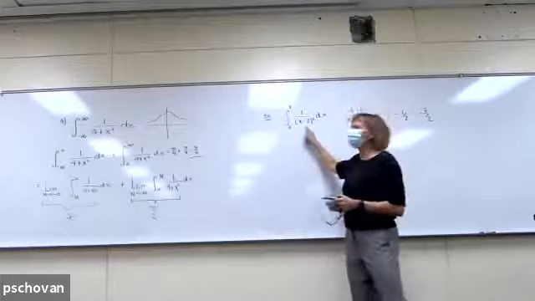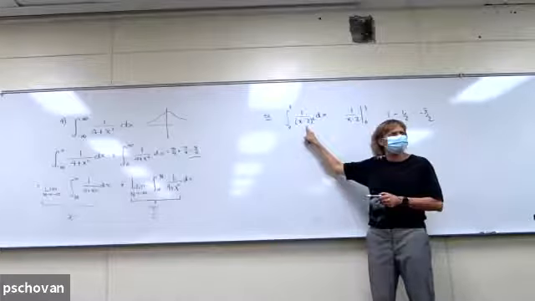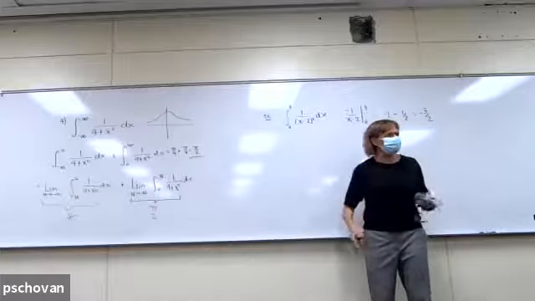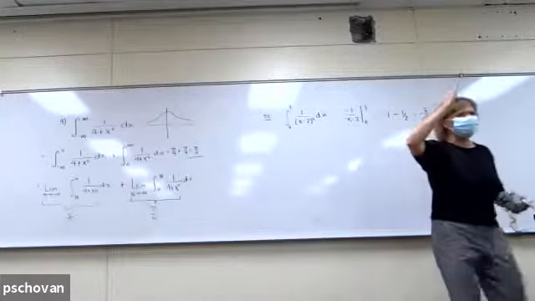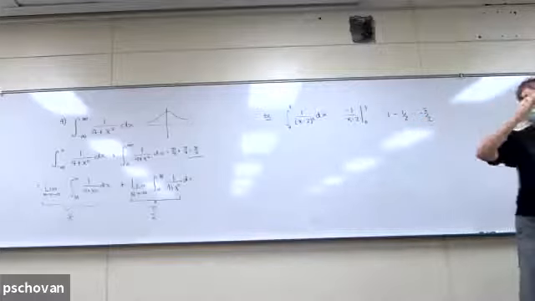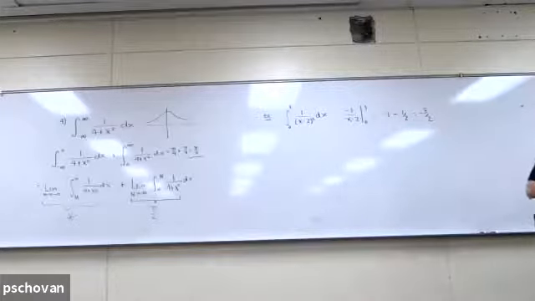I took something that's clearly positive and above the x-axis, right? 1 over something squared has to be above the x-axis. I took a positive curve, found the area underneath it, and I got a negative number. Why is the area under a positive curve a negative number?